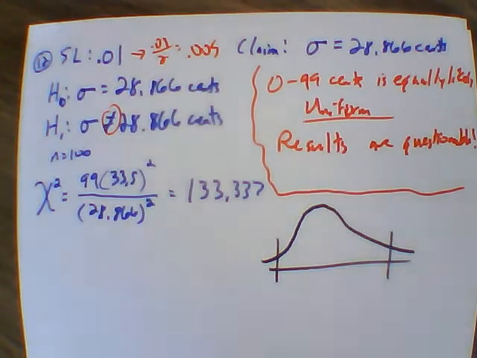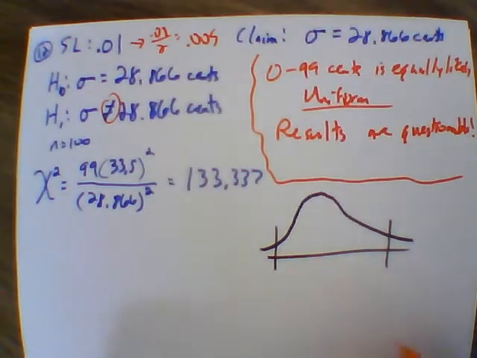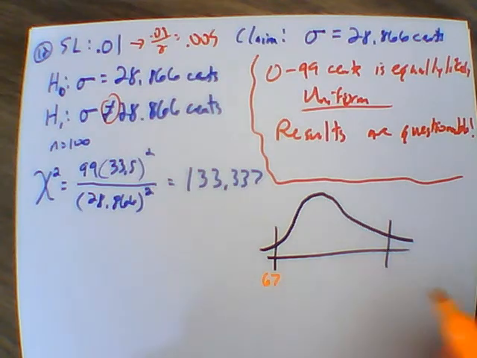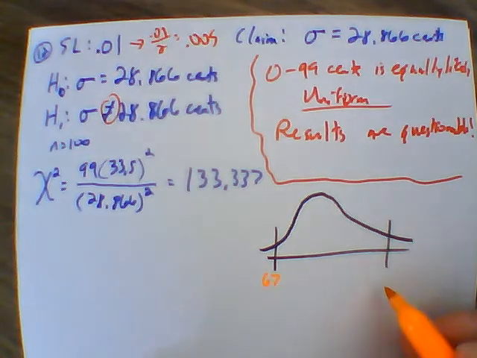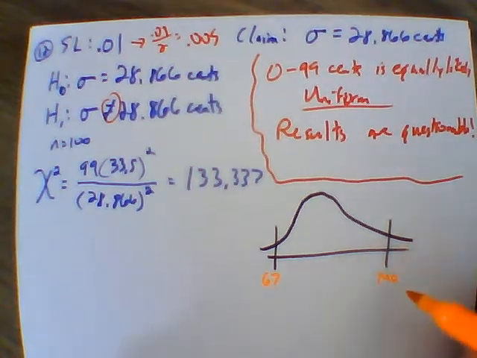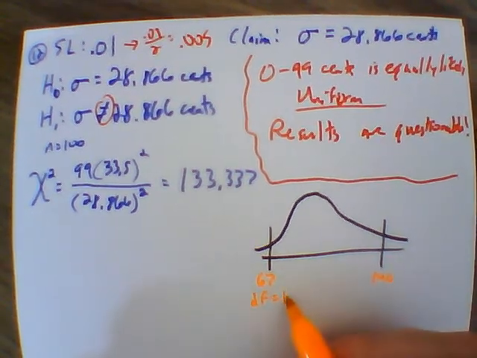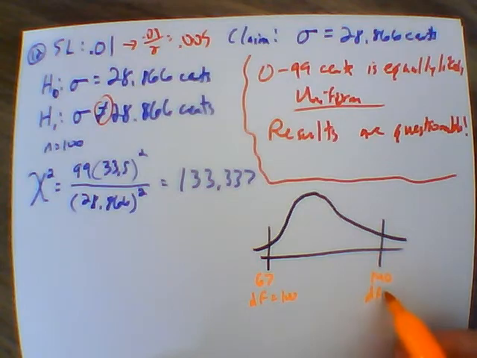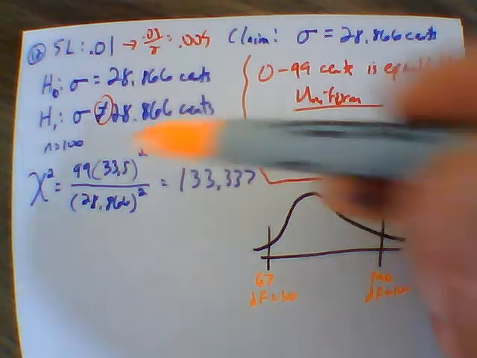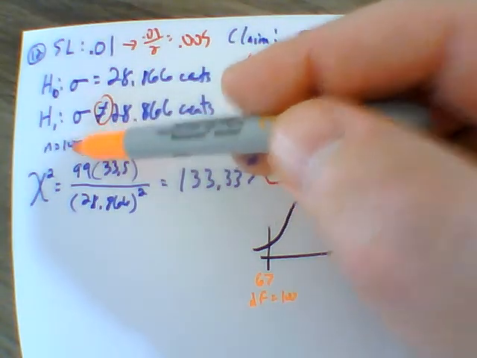So our critical values are basically 67 and then 140. Do realize this was for degrees of freedom equal to 100, but our degrees of freedom is 99.